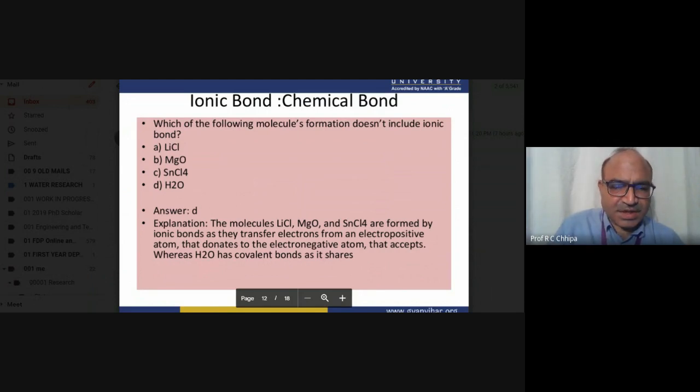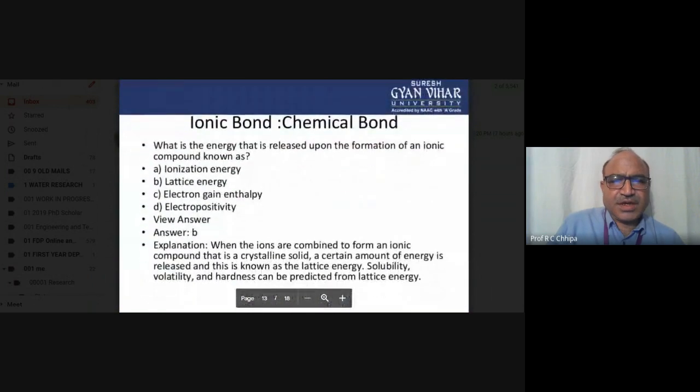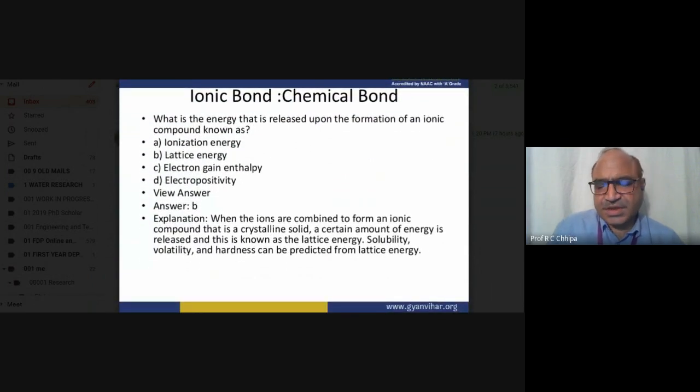Here is another question: what is the energy that is released upon the formation of an ionic compound? The correct answer is lattice energy.